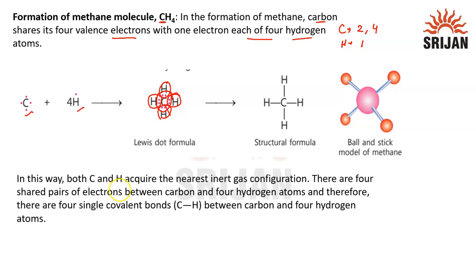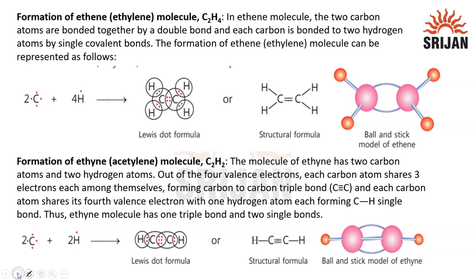In this way, both carbon and hydrogen acquire the nearest inert gas configuration. There are 4 shared pairs of electrons between carbon and the 4 hydrogen atoms. Therefore, we can say there are 4 single covalent bonds between carbon and the 4 hydrogen atoms.